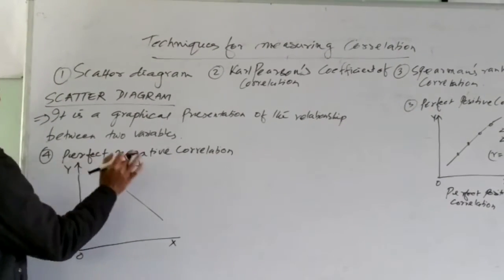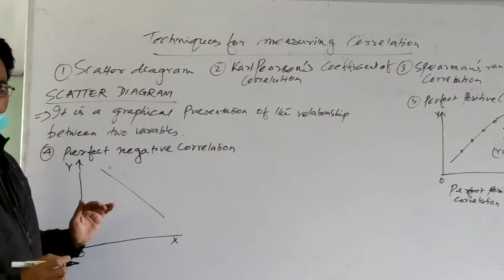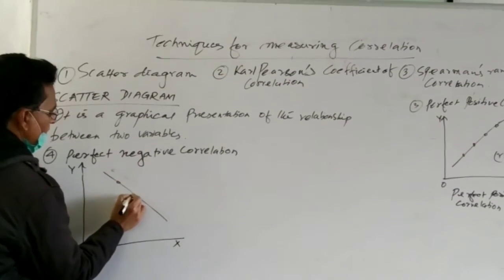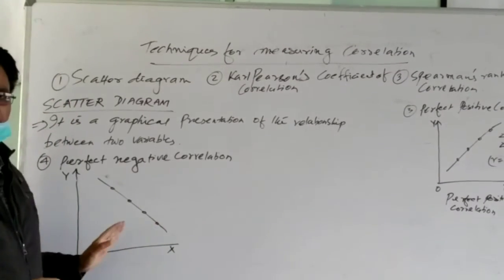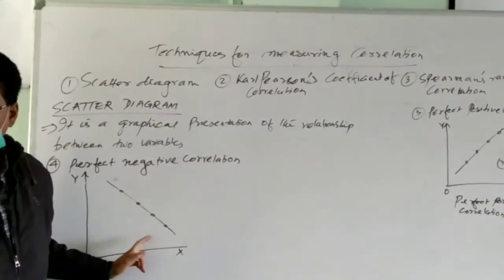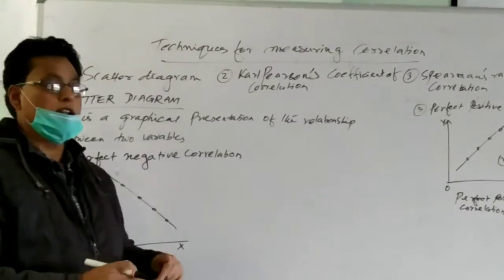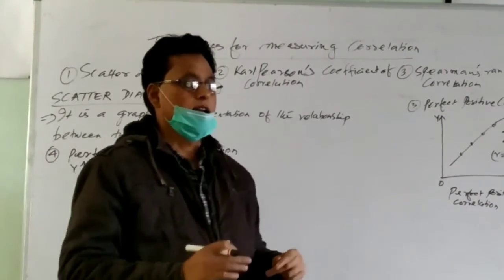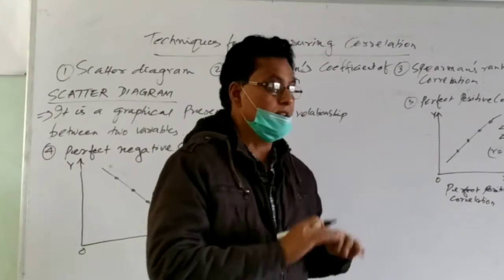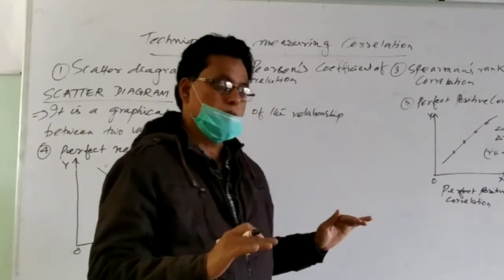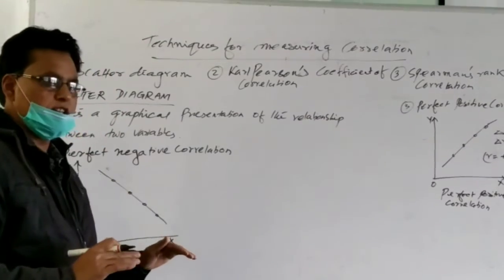Perfectly negative. These dots will lie on a straight line. Dots will lie on which line? Straight line. If we plot the relation between the two variables, the dots lie on a straight line, clear? But they move in the opposite direction.